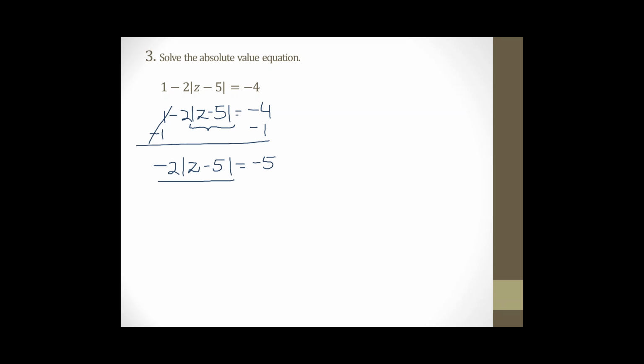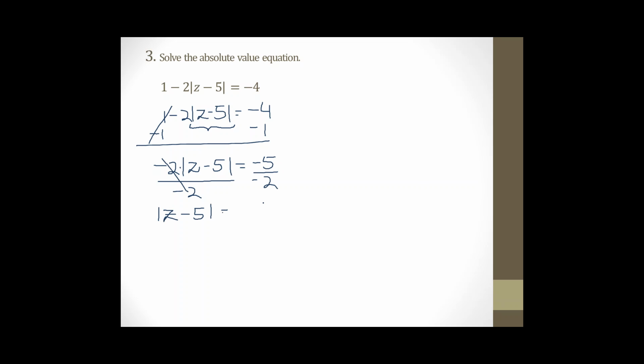And then we divide by -2 because this indicates multiplication, and the opposite would be division. So divide by -2 on both sides, and you are left with z minus 5.